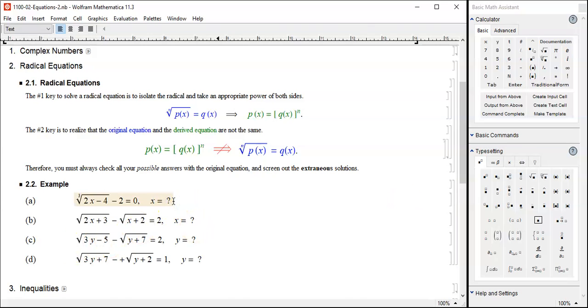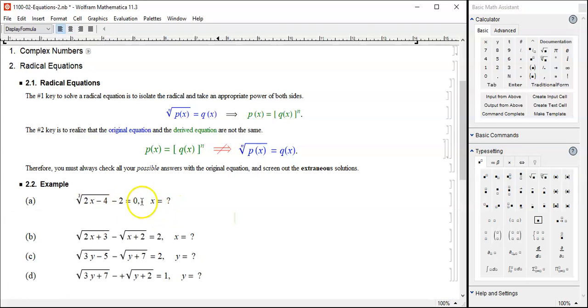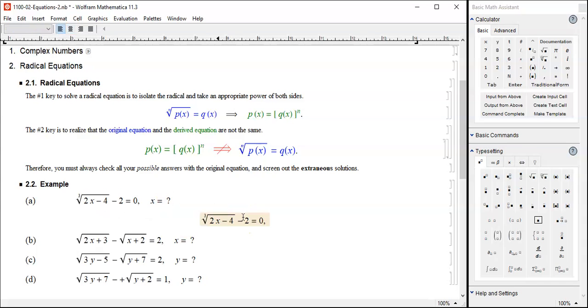Okay, let's begin with something relatively simple. So this kind of equation, flip this 2 to the other side and then write like this. And then we simply take the third power.